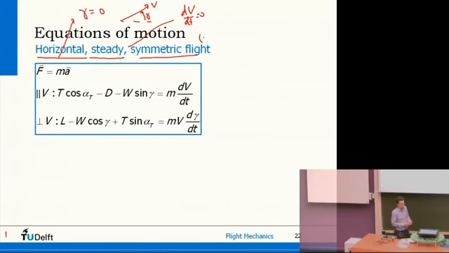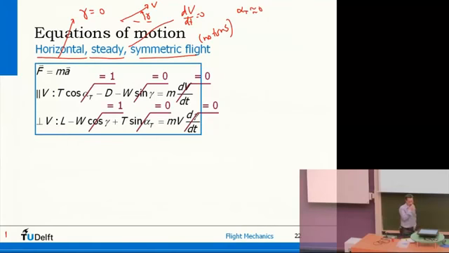So if you say, well, gamma is 0 and dV/dt is 0, and just out of convenience, to make your life a bit easier, I say, okay, the angle of attack of the thrust is almost 0, so let's say the thrust is more or less pointing in the same direction as the airspeed, then these equations become a lot simpler.